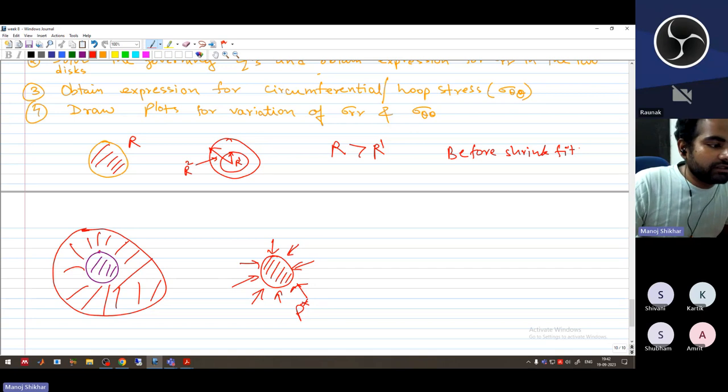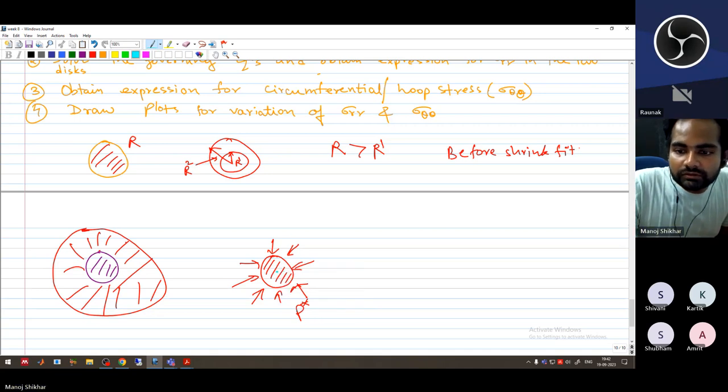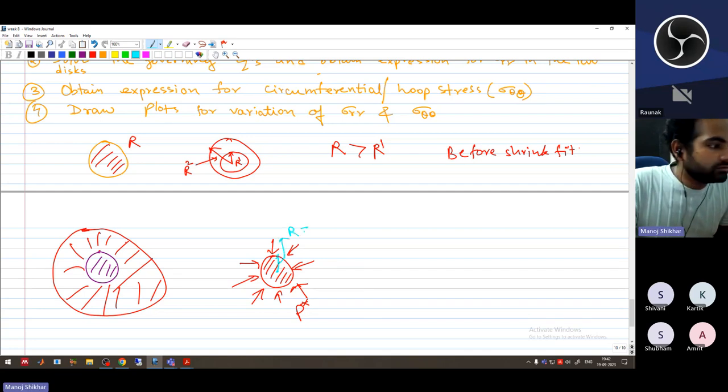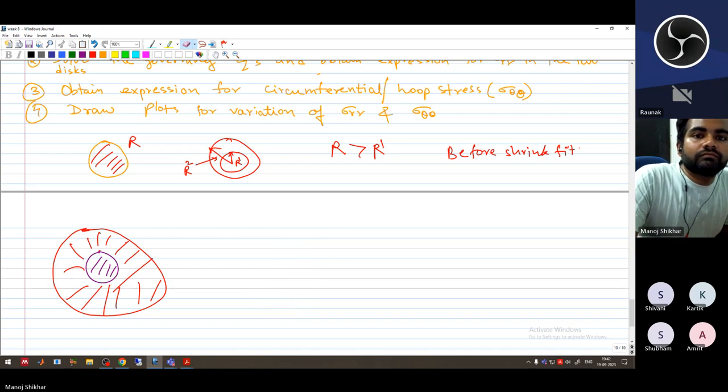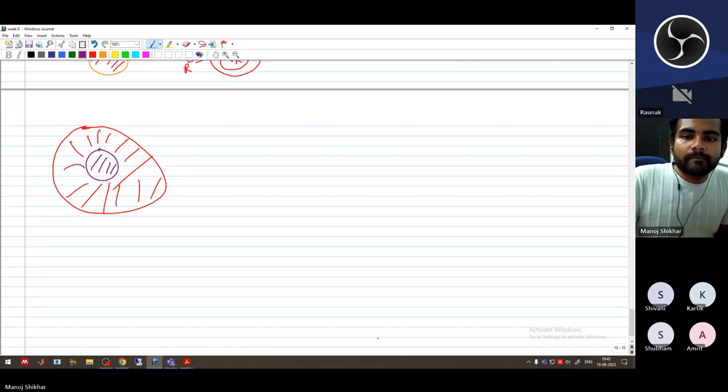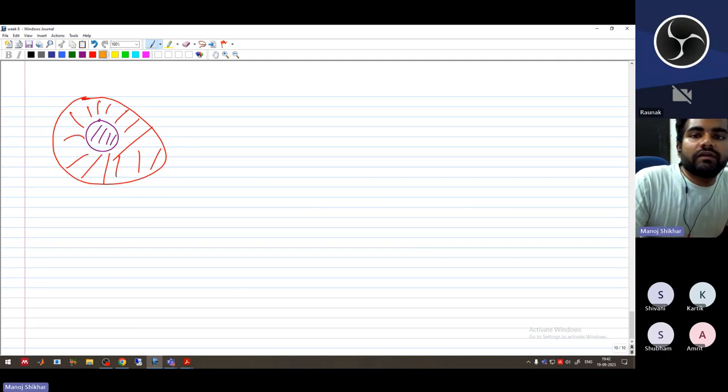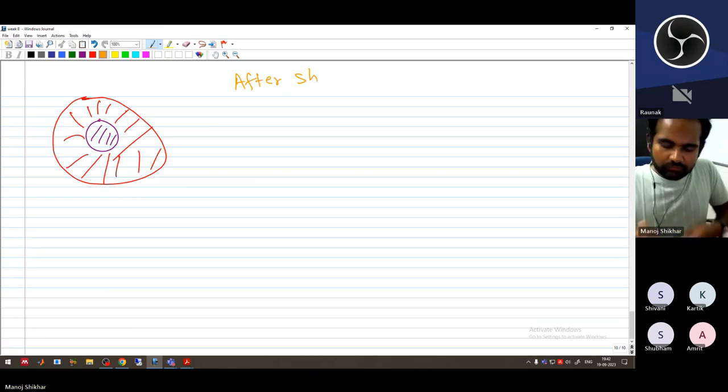And the other thing is, what will be the new radius? So we are analyzing what will happen after shrink fit.